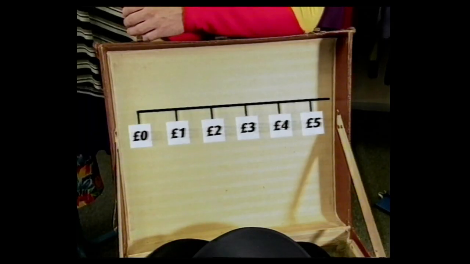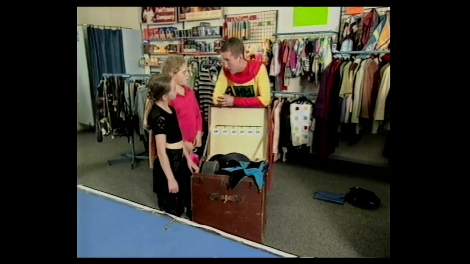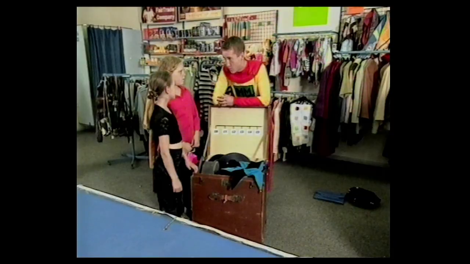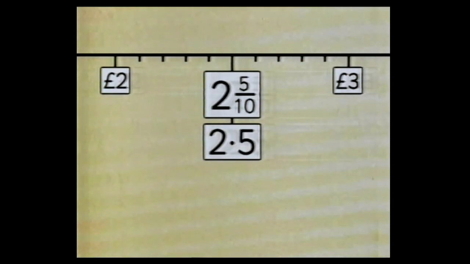Right. We know that 2 5/10 of a pound is somewhere between 2 and 3 pounds. So that's the bit of the number line we need. Now we need to find where 5/10 goes on that bit of the number line. Look, it looks like it's exactly halfway between 2 and 3 pounds. Now we need to change that into decimal fractions, because that's how we write money. So 2 5/10 of a pound is the same as 2.5 pounds.